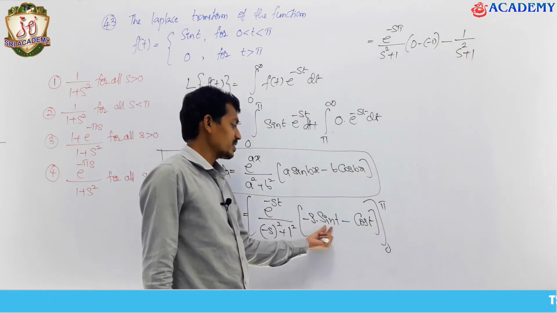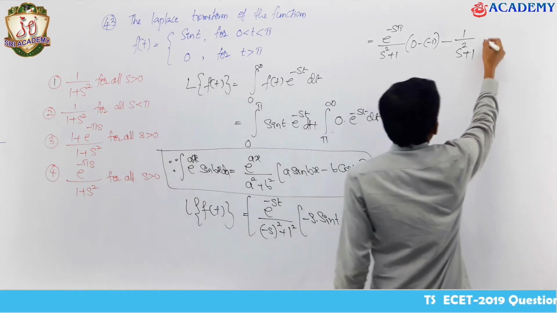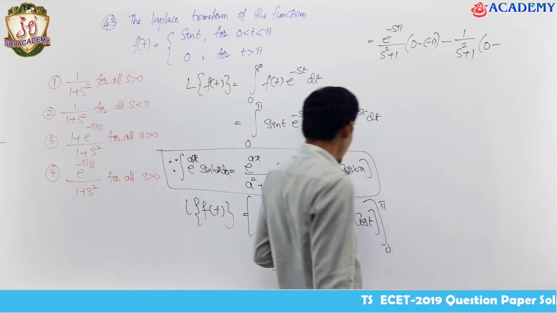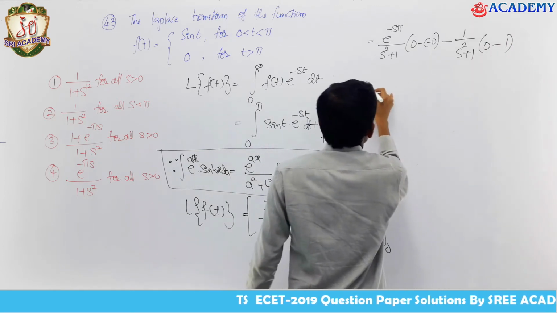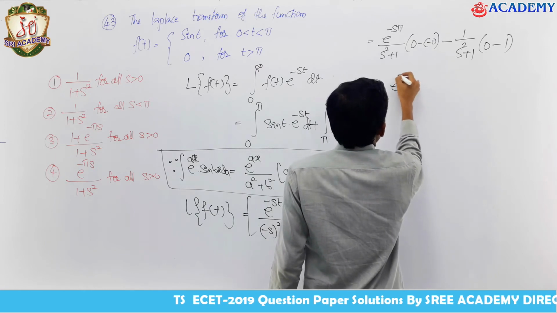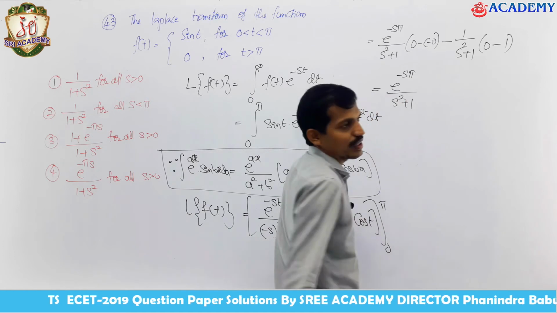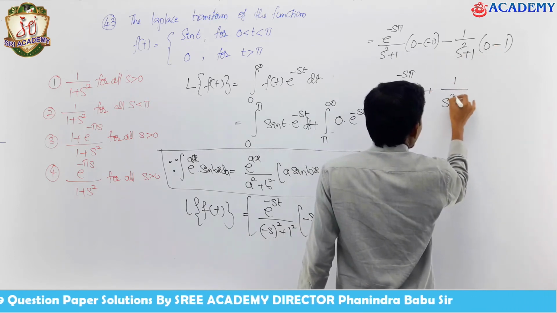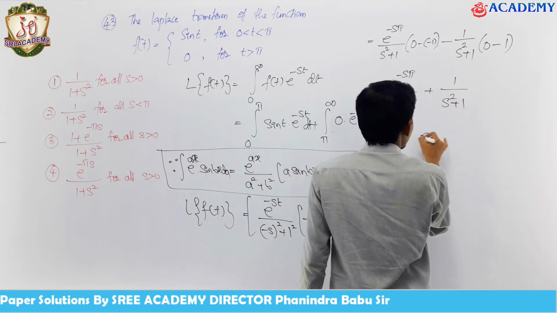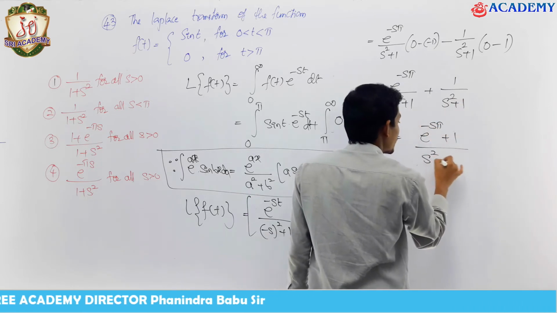If you substitute 0, sin 0 is going to be 0, that is minus s into 0, 0, minus cos 0 is nothing but 1. That is going to be e power minus s pi divided by s square plus 1, and another one, minus into minus is plus 1 divided by s square plus 1. The answer is going to be e power minus s pi plus 1 divided by s square plus 1.